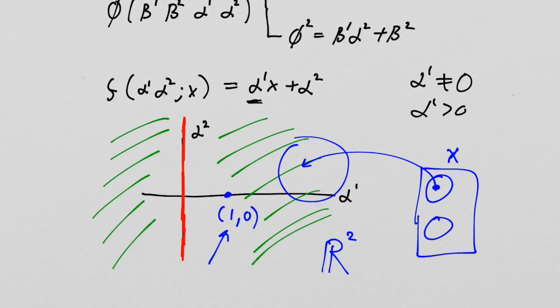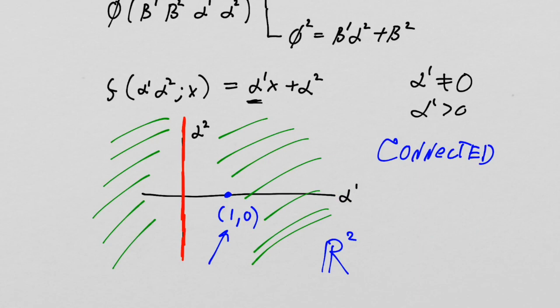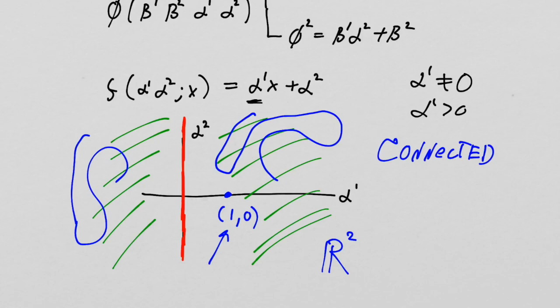The point is, though, that if we were to restrict ourselves just to the parts of the group that are connected, we would have to limit ourselves to group elements that are entirely in this side of Rn, or entirely in this side. So what is connectivity?